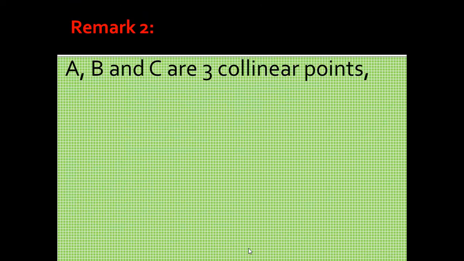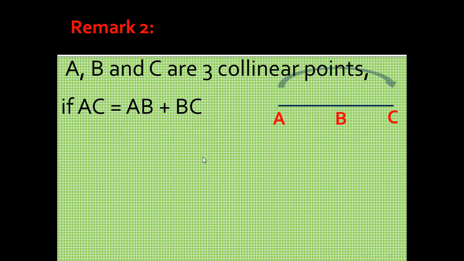Remark number 2. If I want to prove that 3 points are collinear: A, B, and C are 3 collinear points if AC equals AB plus BC, the greatest line segment, AC, equals the sum of the 2 smaller line segments.